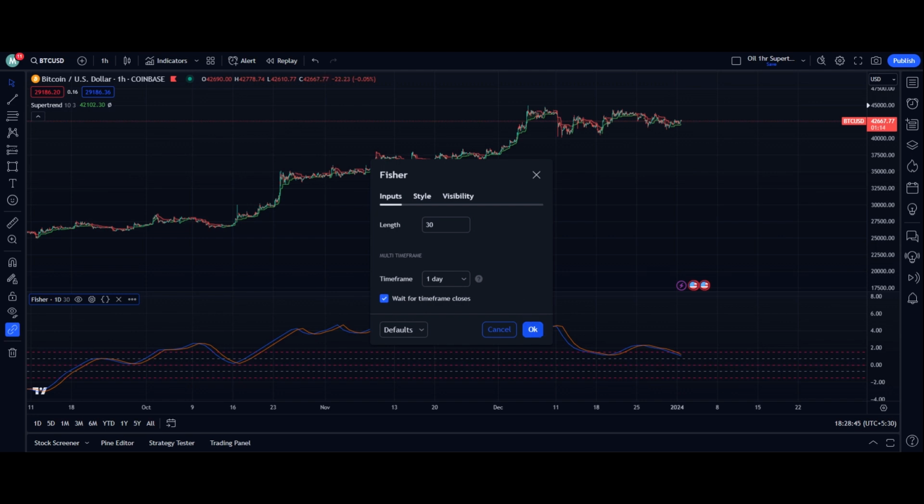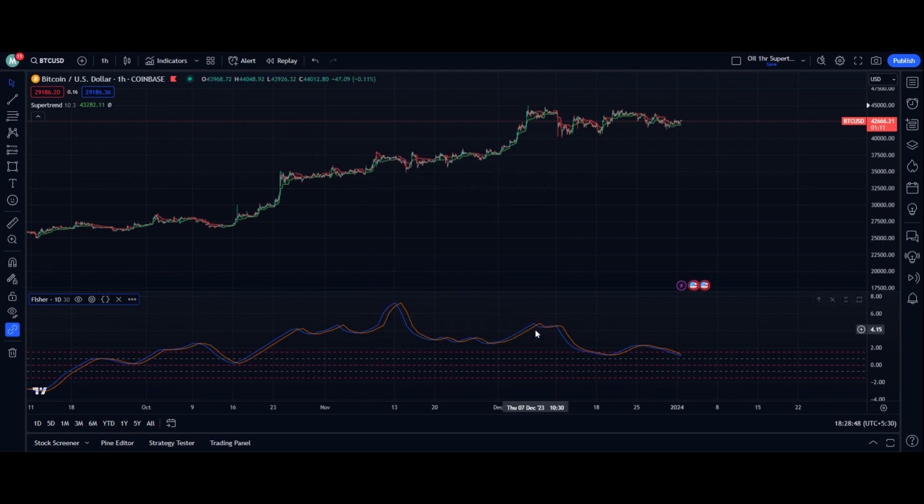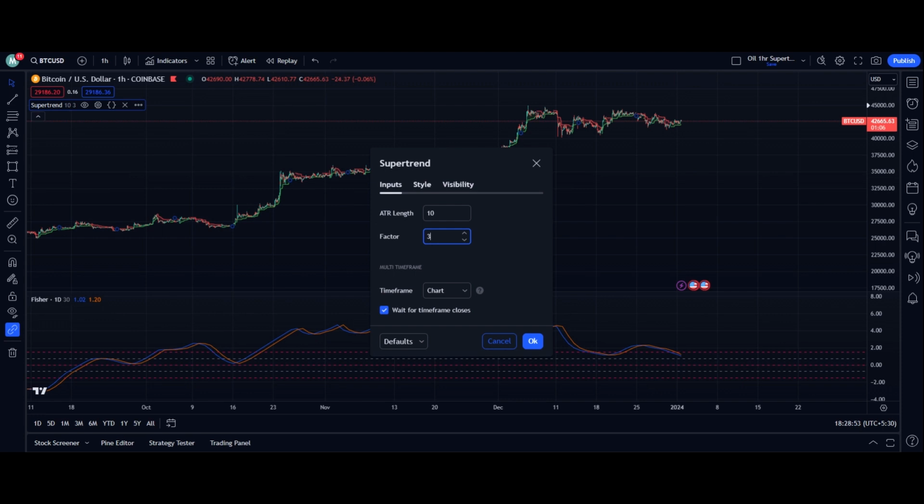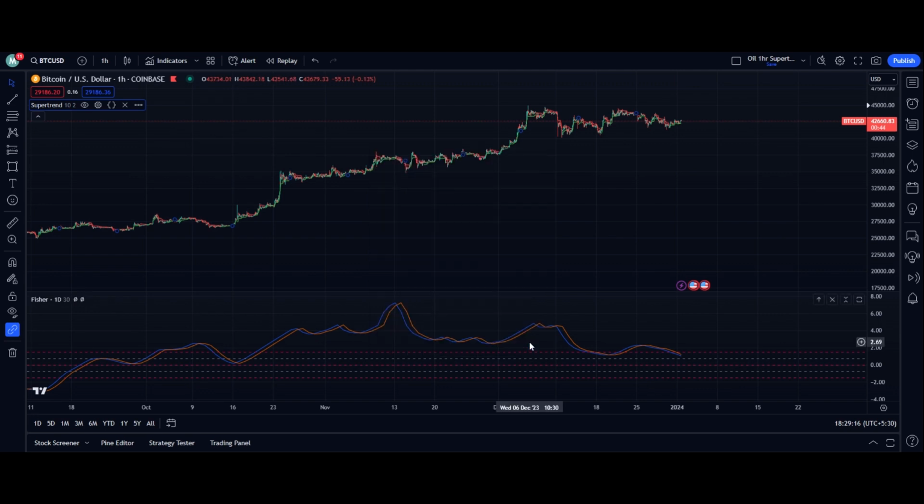So that's your Fisher done, and we just need to change the Supertrend factor to 2, because the factor of 3 makes the supports or resistances too high or low for us to be well protected in case of sudden movements against our strategy. The factor 2 speeds up the trend.